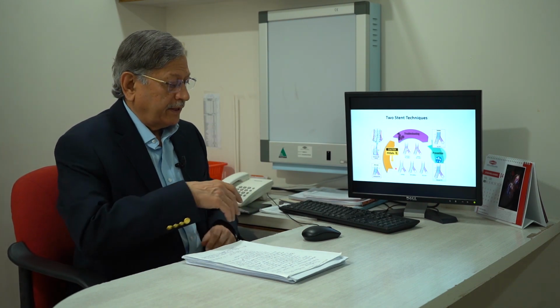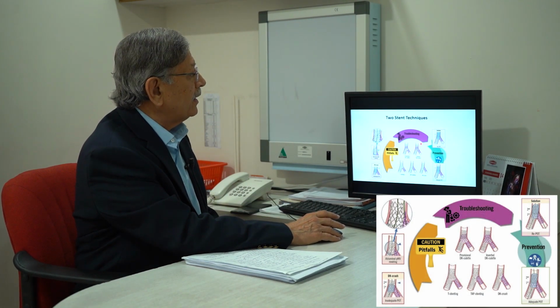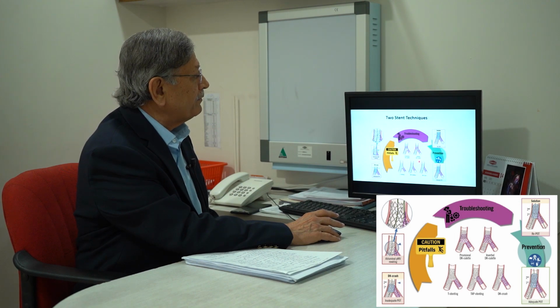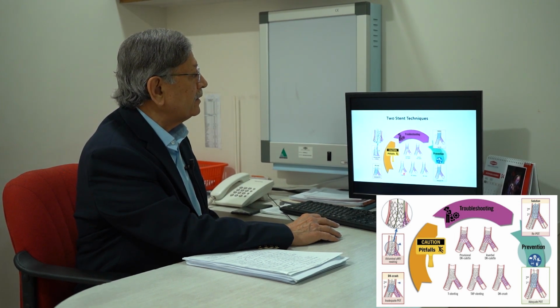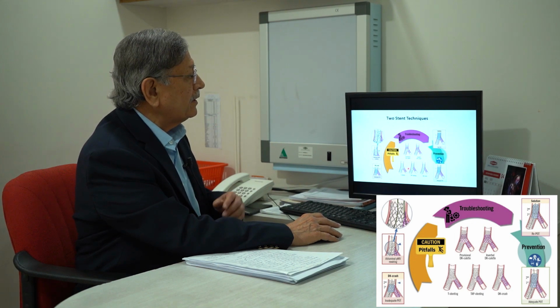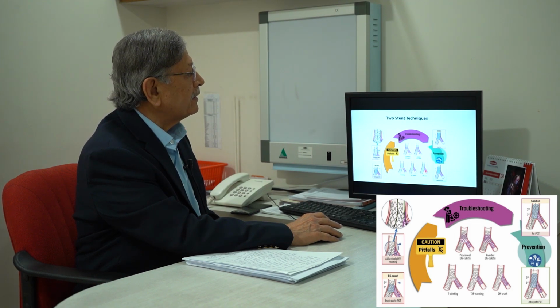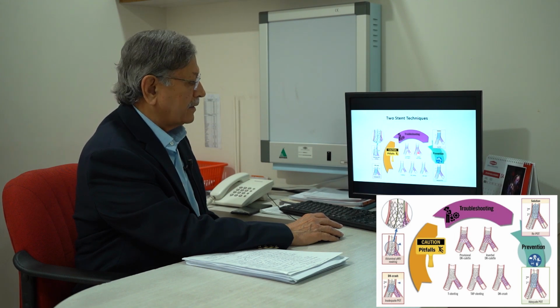Now let's talk about what these strategies are. Here is a summary of everything. We have different types of two stent technologies. Provisional, we all know, we'll talk about provisional also, but for two stents, we have T-stenting, TAP stenting, DK crush, DK culotte and inverted DK culotte.